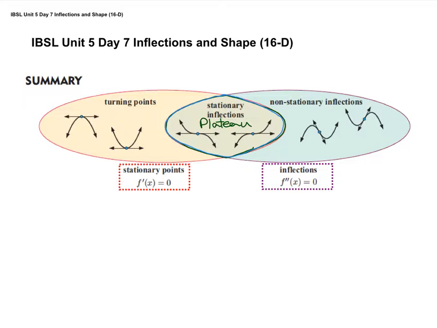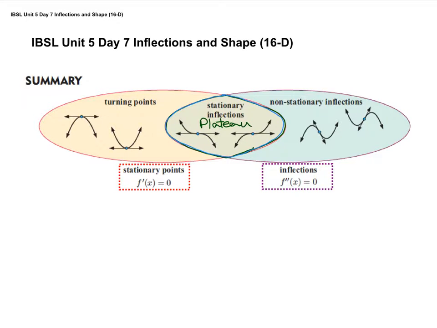So if you get the derivative equal to 0 and the second derivative equal to 0 at the same point, you automatically know that's a plateau point. That's a point of inflection, and it's a critical value. Now, a turning point is either a max or a min point.